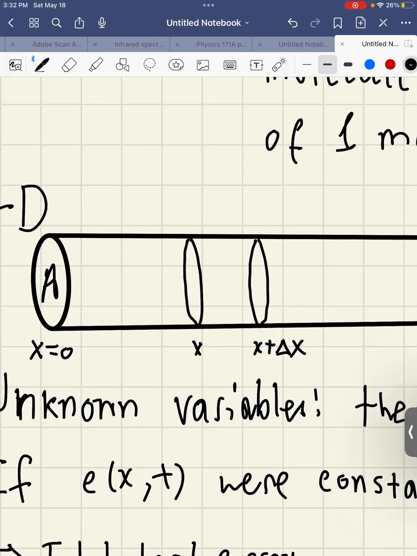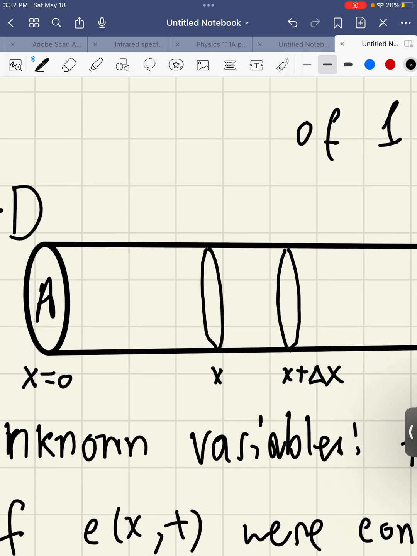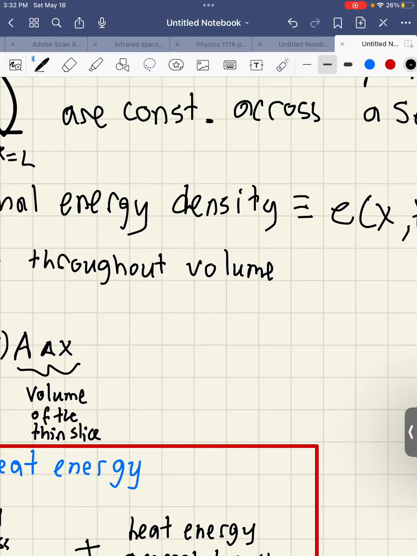So we can redraw our diagram. Let me just write down what I just said.